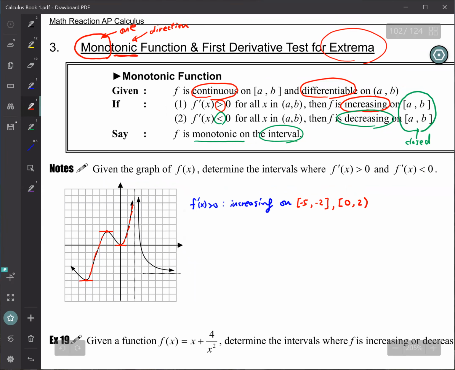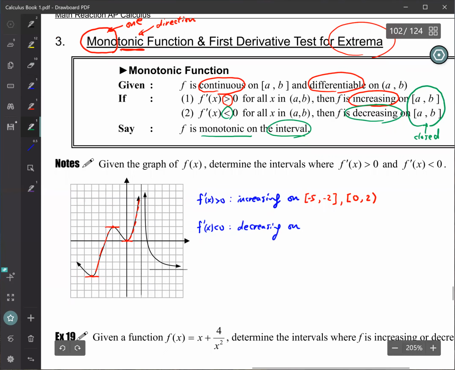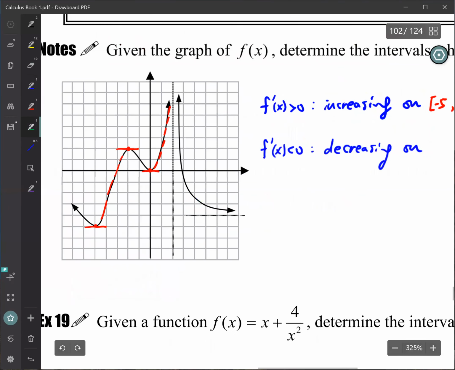Can you guys write out the decreasing ones then? When you finish writing, raise your hand. Please write it from left to right. The first part will be there. Those are decreasing, all negative slope.